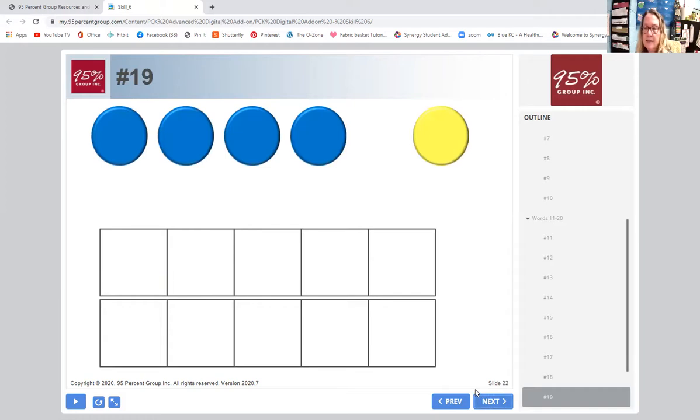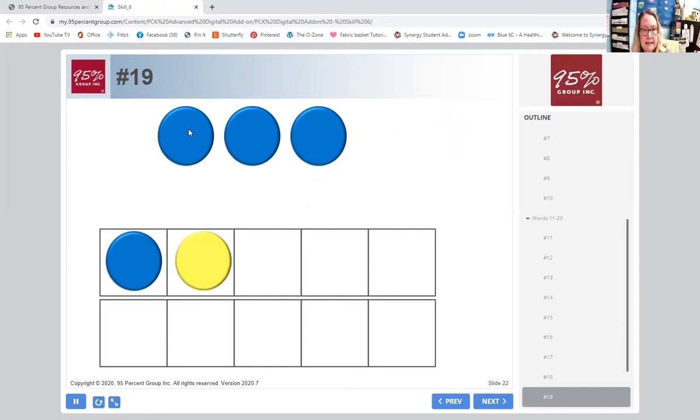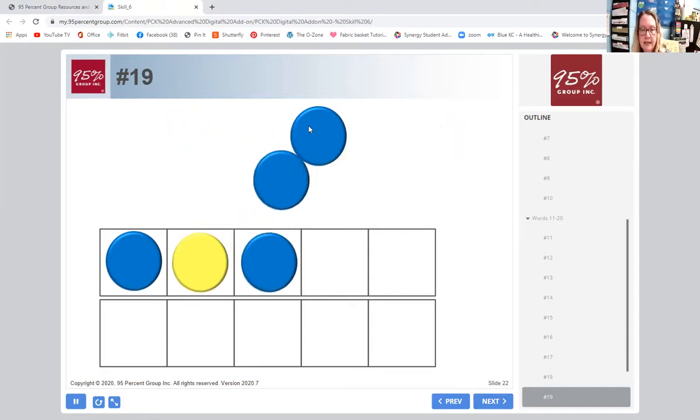Haunt. H is our consonant. Ah is our vowel. N is our consonant. T is another consonant. Haunt.